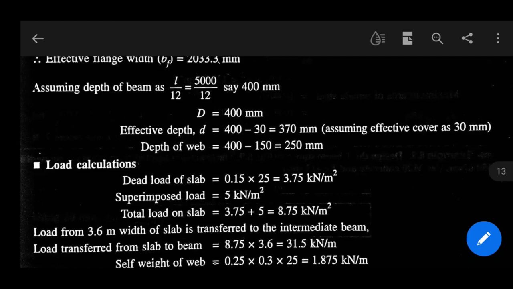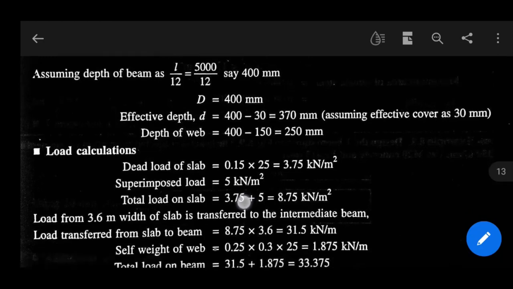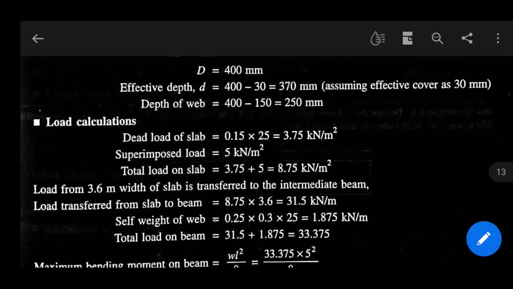Now load from 3.6 meter width of slab is transferred to the intermediate beam. Now load transferred from slab to beam is equal to 8.75 into 3.6, which is equal to 31.5 kilonewton per meter, and self weight of web is equal to 0.25 into 0.3 into 25, that means the depth of web is 0.25, equal to 1.875 kilonewton per meter.